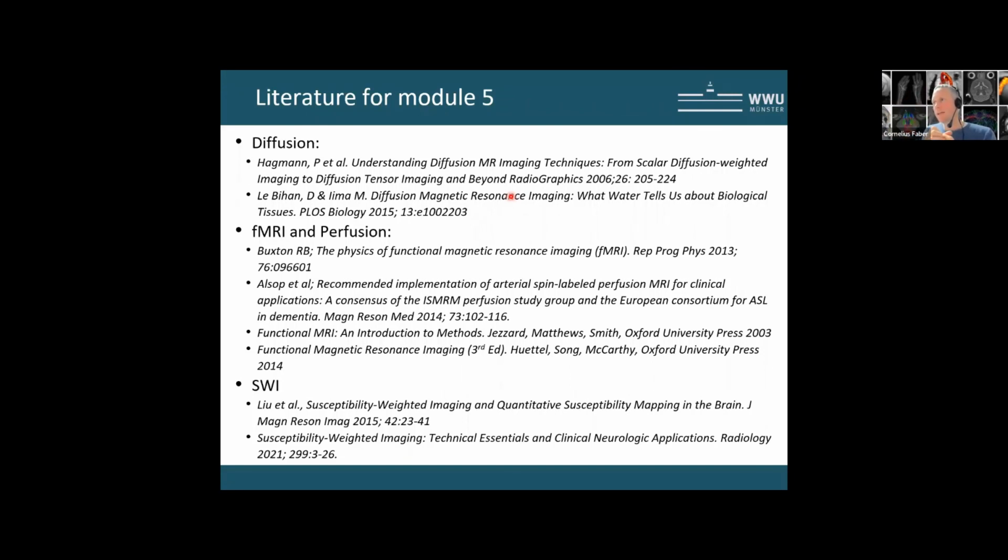So in practice, it's usually done with T2 star because it's more sensitive, but T2 with spin echo may be more specific. You can do both with gradient echo EPI or with spin echo EPI, but my advice would be to use gradient echo T2 star.